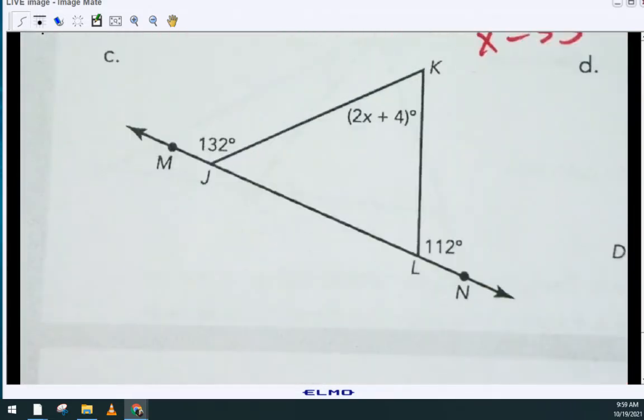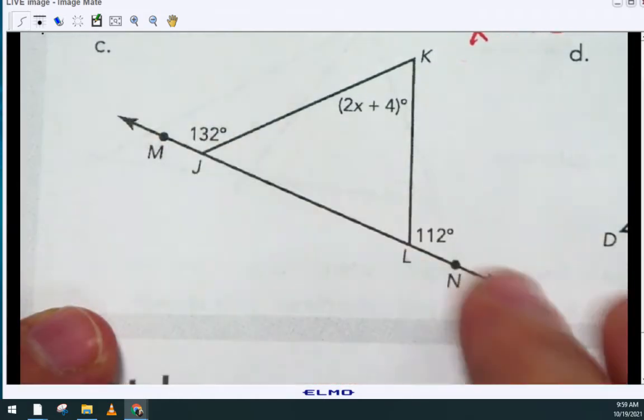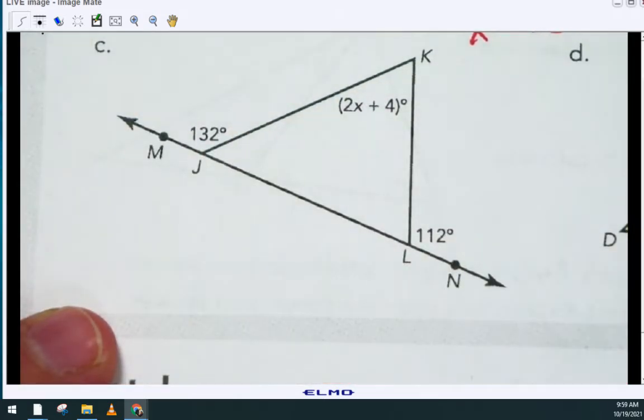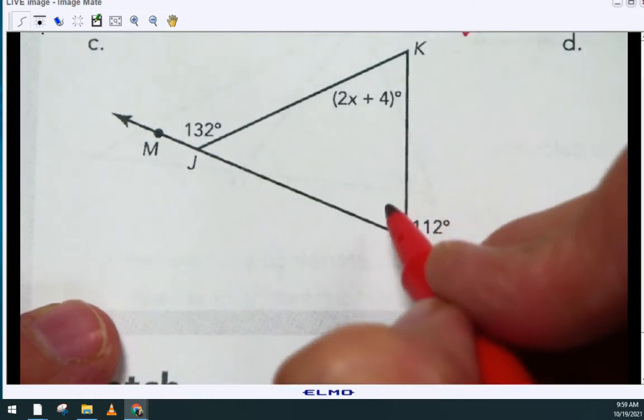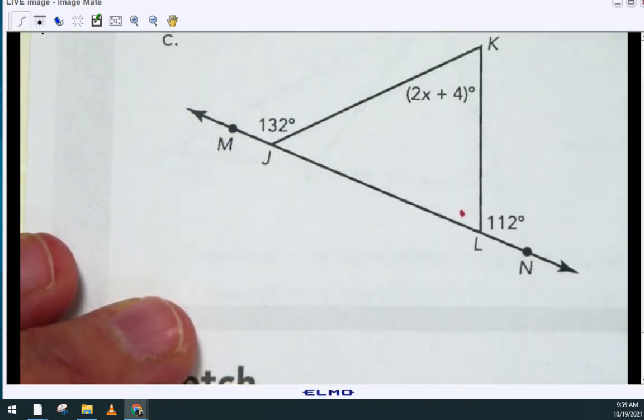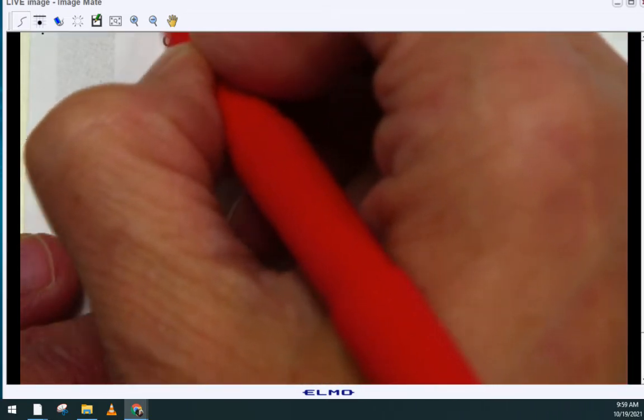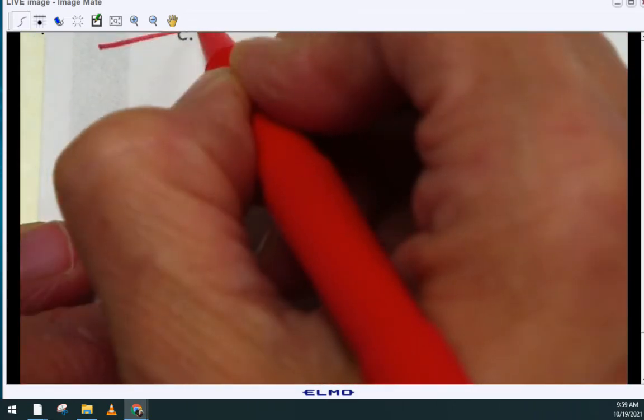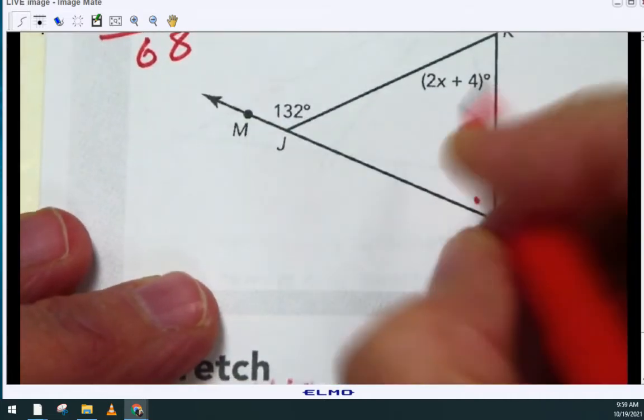Okay. Now on this one I have two exterior angles. I just have to decide which one I'm going to deal with. And I'm actually going to find this angle right here first. So 180 minus 112 will get me 68 degrees.